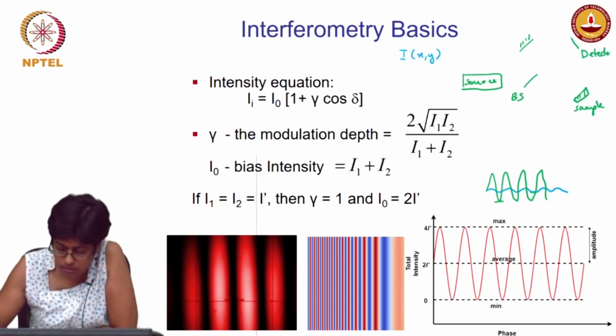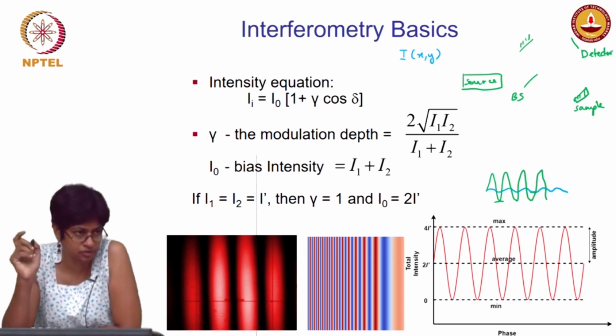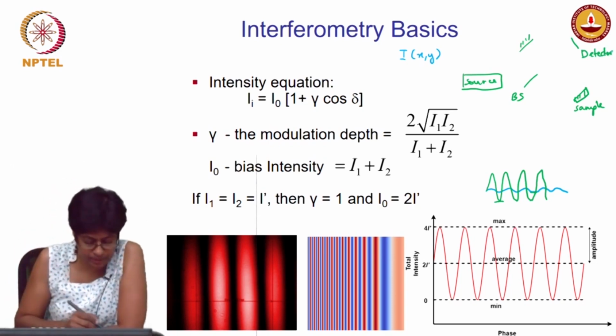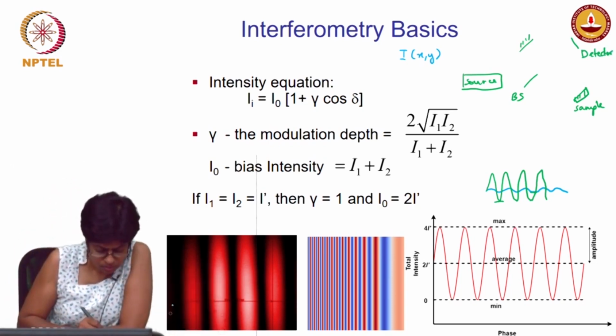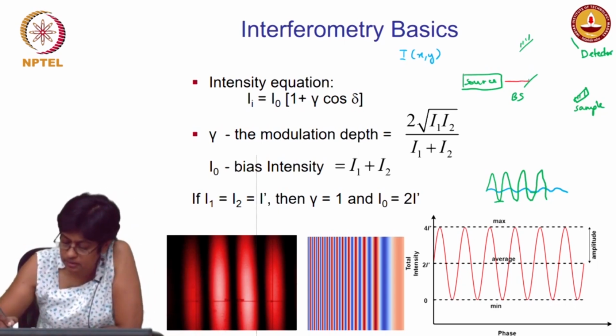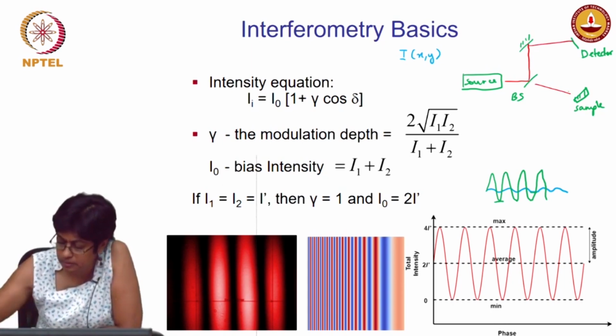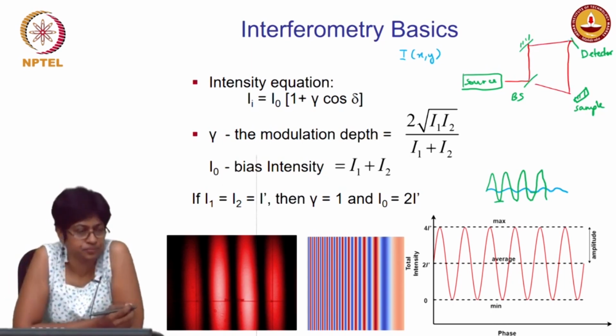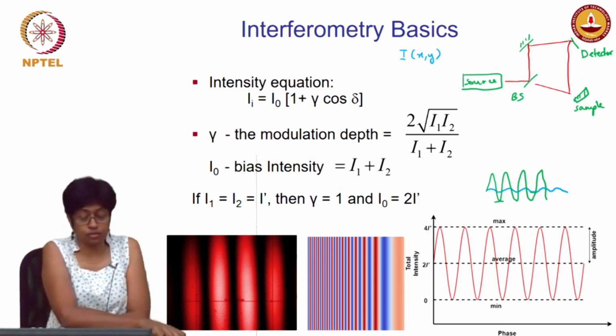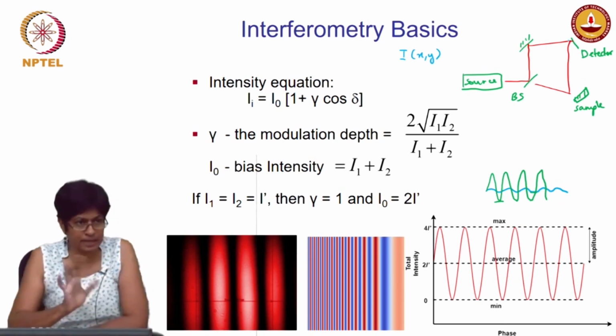So, this is not a Michelson interferometer because it is not retracing paths. The light is travelling like this, the beam splitter is sending it here, and the mirror has been aligned to send it like this. Of course, it is optically path length matched and so on.